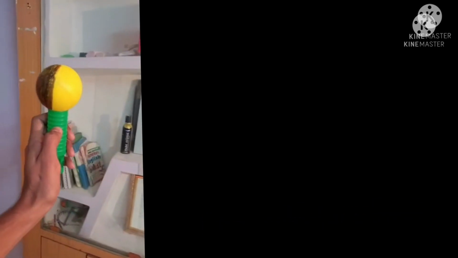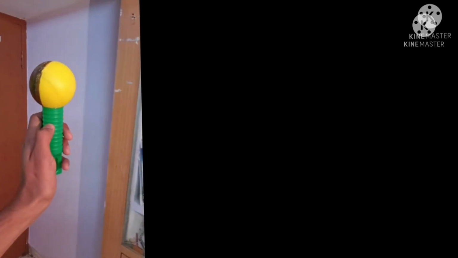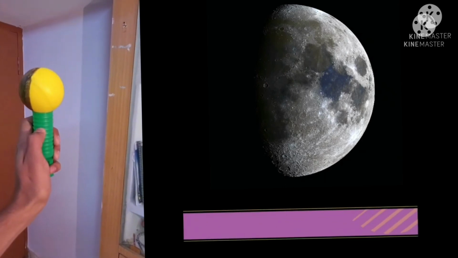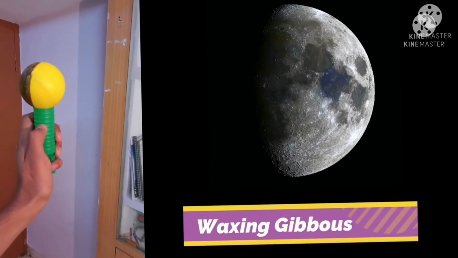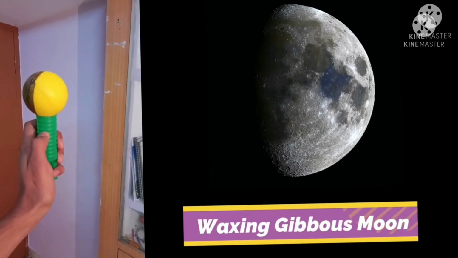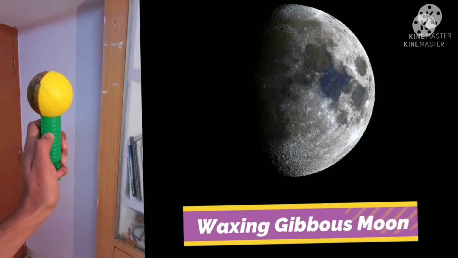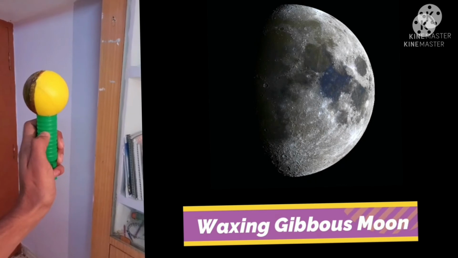And days later, when the moon is revolving and comes to a position where more of its illuminated part is visible from earth, this is known as waxing gibbous. In this position, more of the part is illuminated.